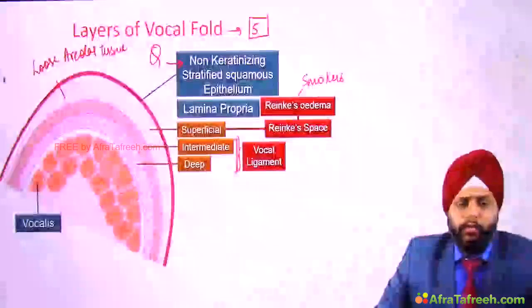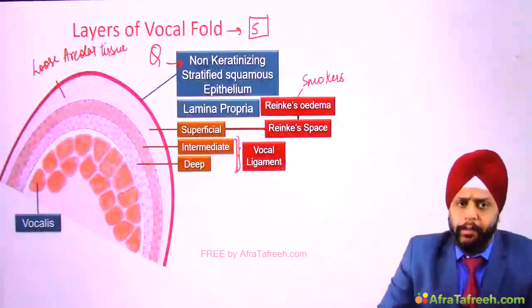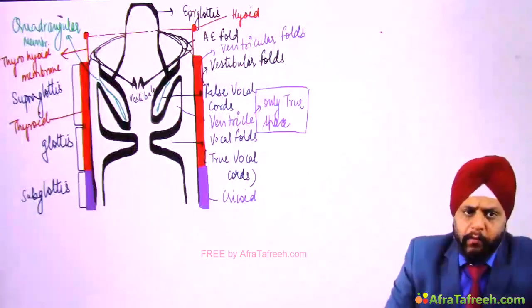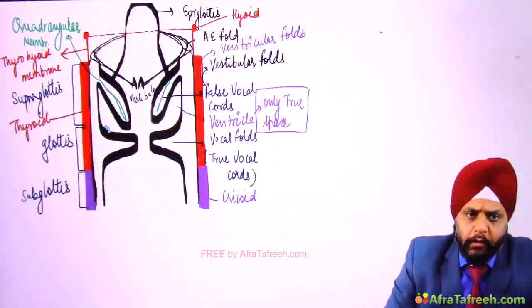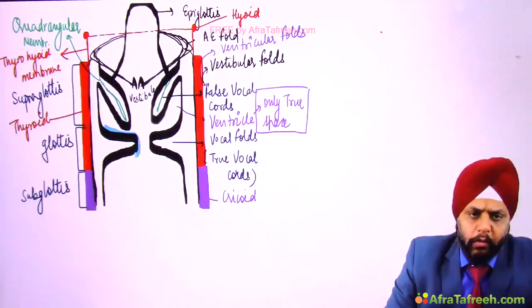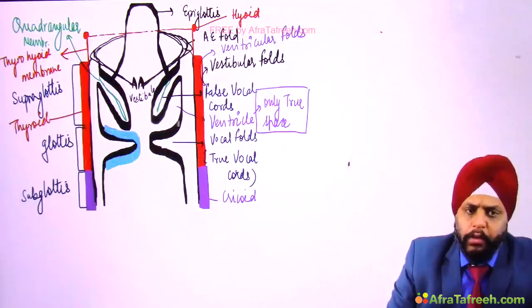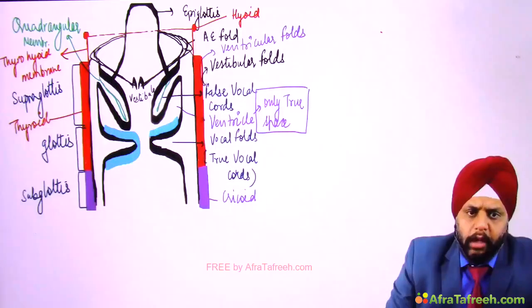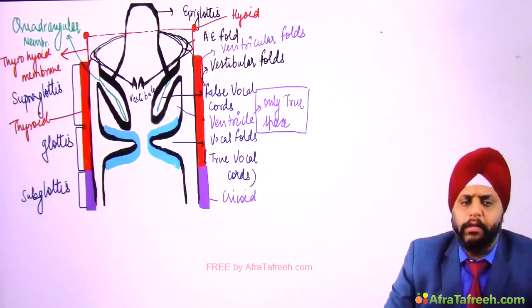Now we go back to the previous diagram. We have just studied the layers of the vocal fold, and with the knowledge we have gained, now we know that these vocal folds are lined by the non-keratinizing stratified squamous epithelium.